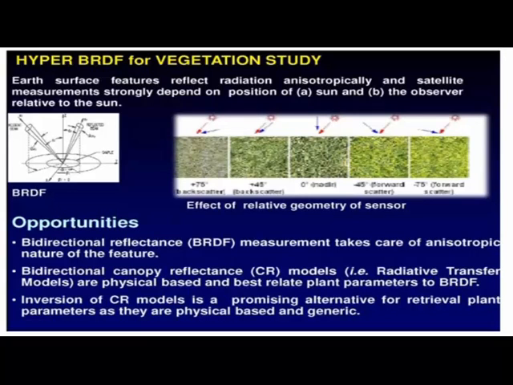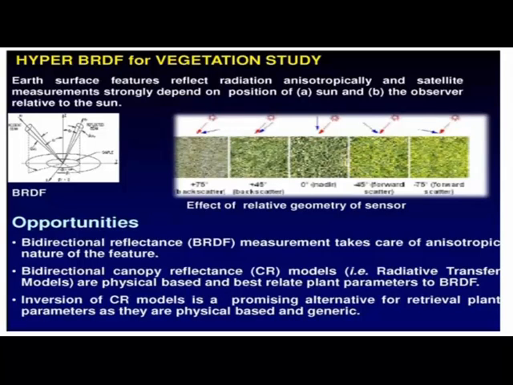The camera is the blue arrow, and the source of light is the sun. If you take photographs from different directions, the lawn picture is going to be different. Why? The source is the same, but the sensor receiving the radiation is in a different position. That reveals how anisotropic any earthly feature is.